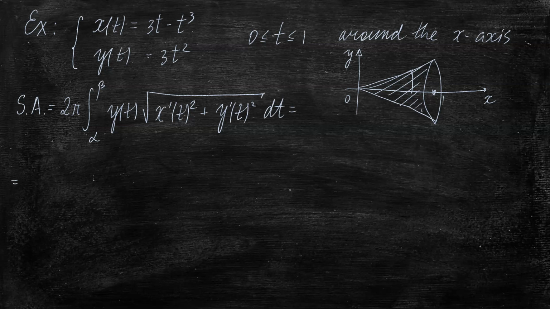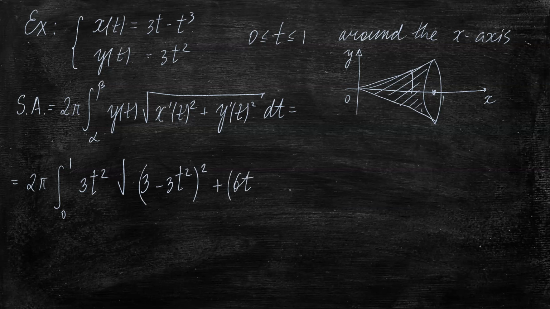And now we're going to plug everything in. So the t is from 0 to 1, y of t is 3t squared, and x prime of t is simply 3 minus 3t squared, and all that we square, and y prime of t is 6t, and we also square that.